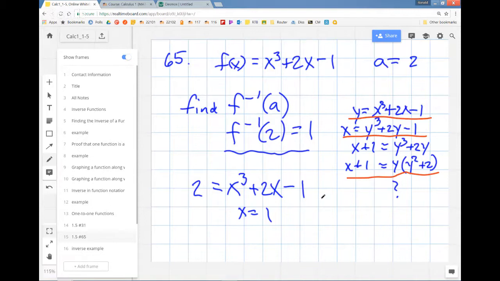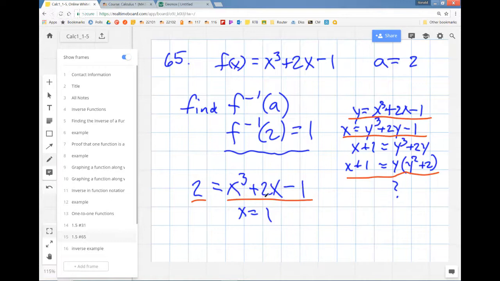So on a problem like 65, here, let's just write, we know the answer is 2. So we write 2 equals that thing. Can we find x? And on a problem like this, because it's fairly simple, you can figure out that if x was 1, 1 cubed is 1, 2 times x is 2, 1 plus 2 is 3, 3 minus 1 is 2.